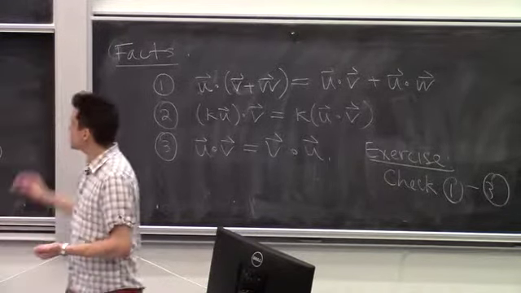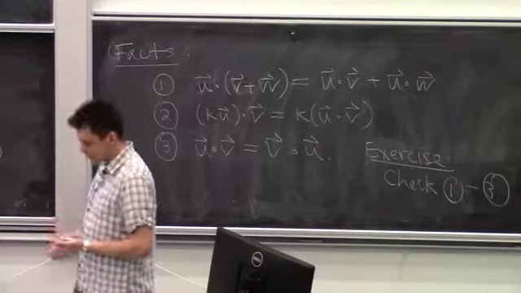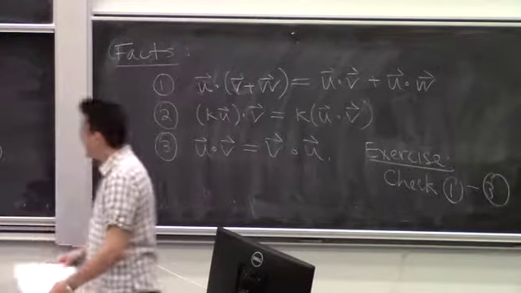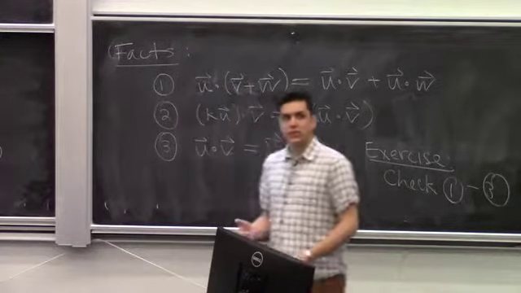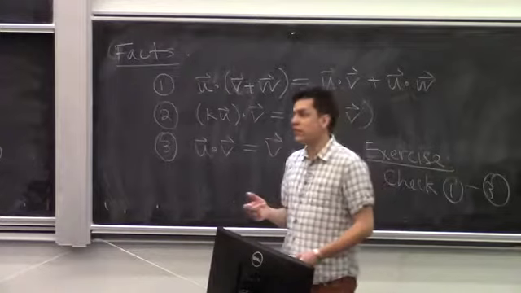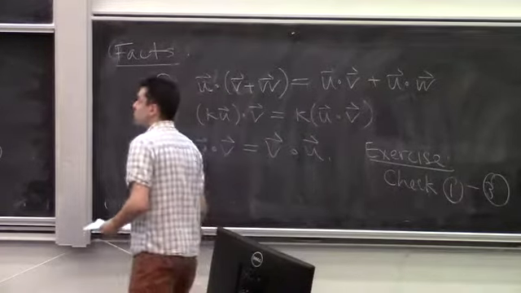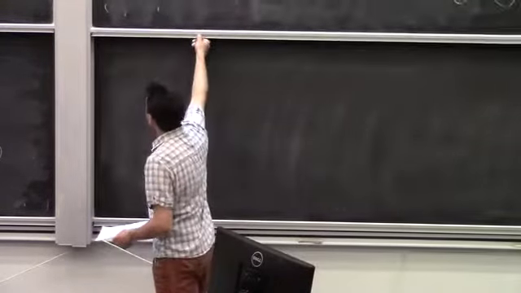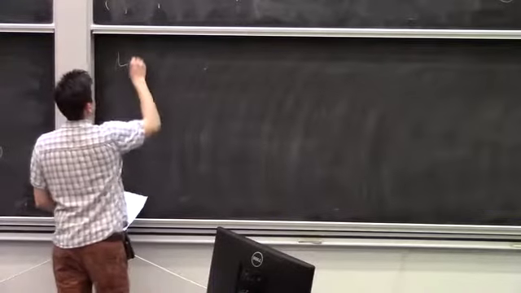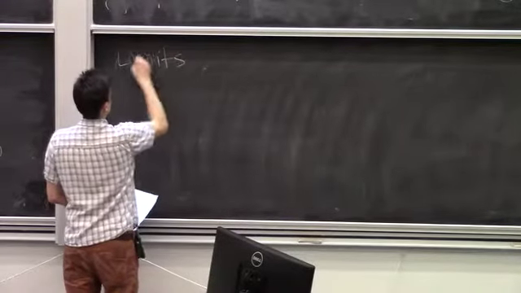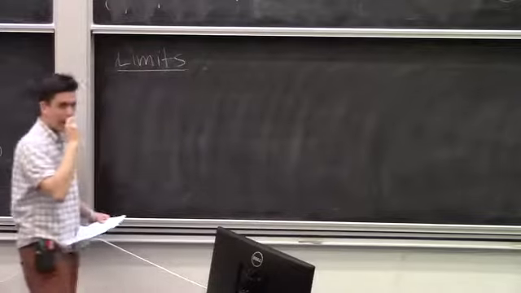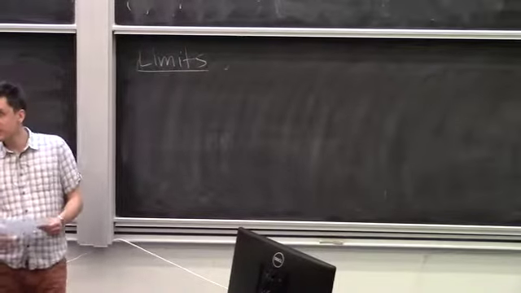Okay, so that's a little bit about using vectors to do geometry. Our next topic is where things get very, very proofy, so I want to take the next one a little bit slowly. Our next topic is limits.